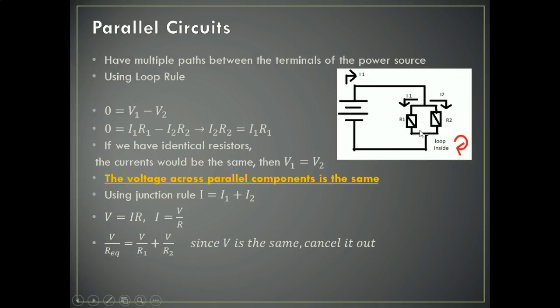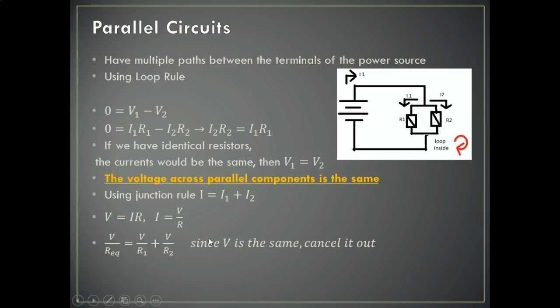So let's just say we collapse these down into one resistor. That's REQ, the equivalent resistance of those two. So we have that, and it equals V over R1 plus V over R2.